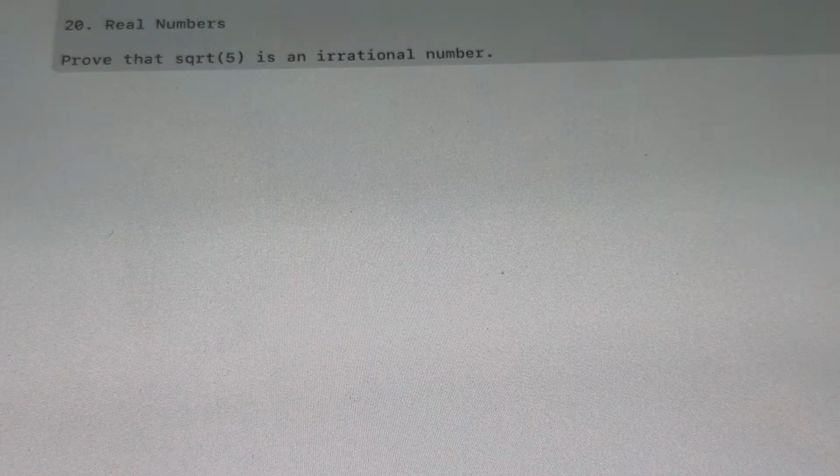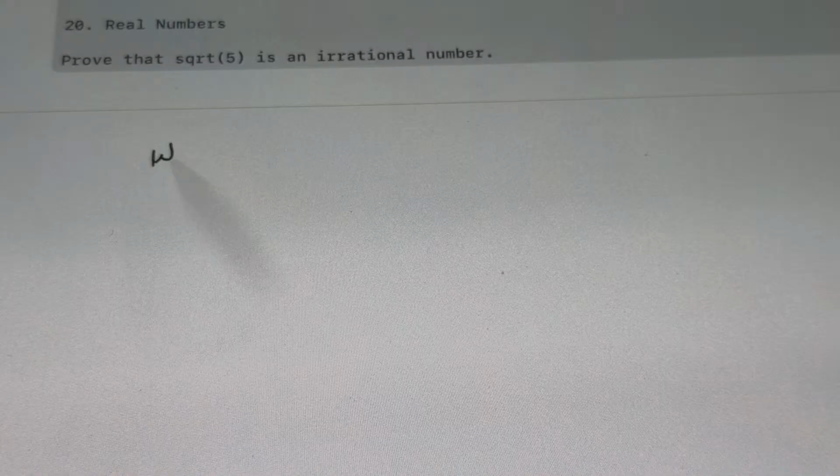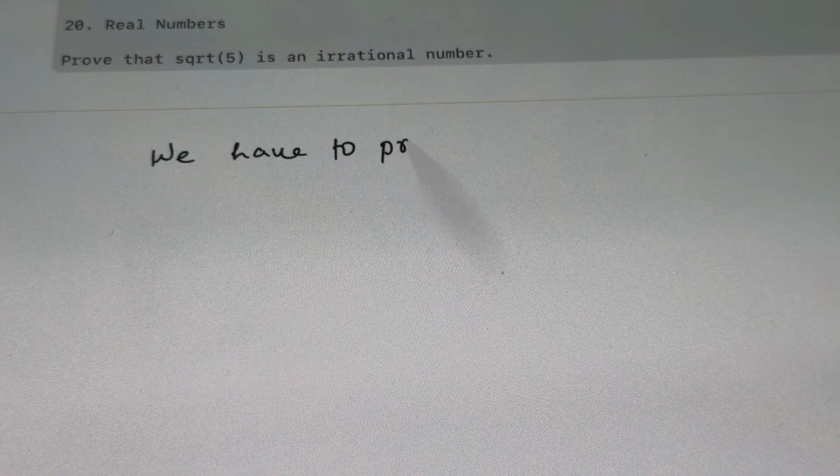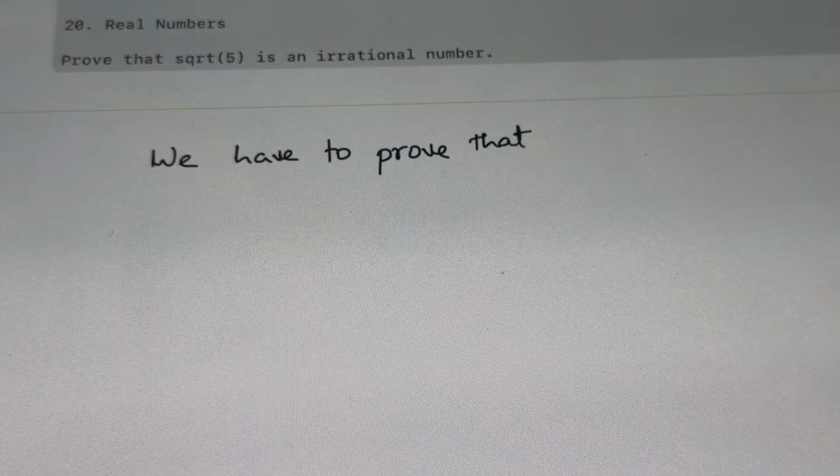So first we have to start making the assumption. Let root 5 be a rational number. I'm writing here, we have to prove that root 5 is an irrational number.